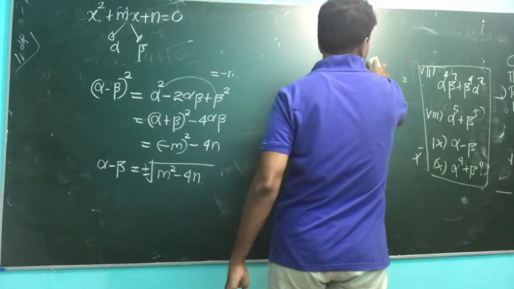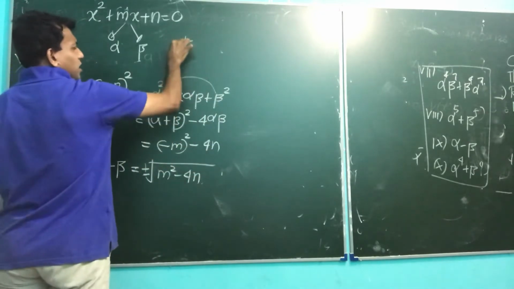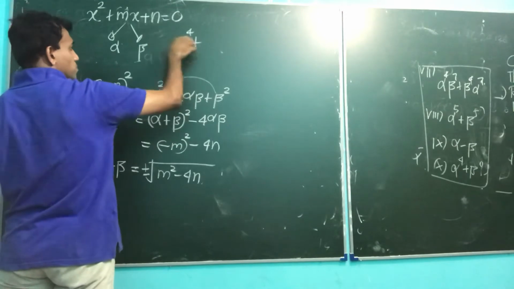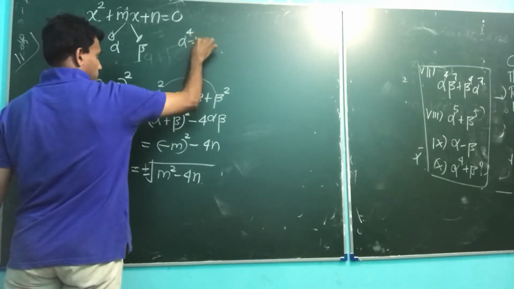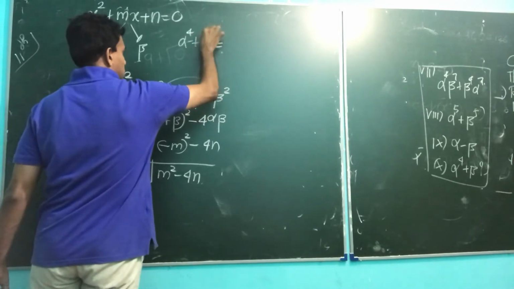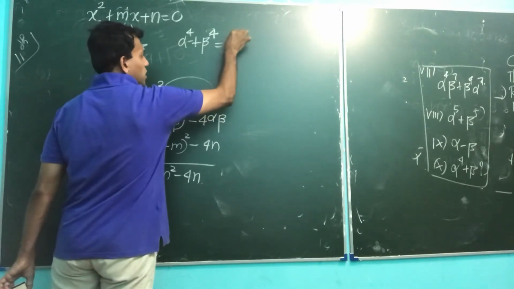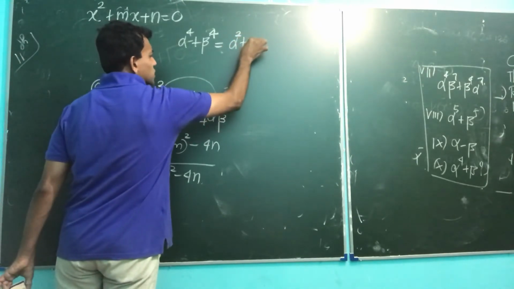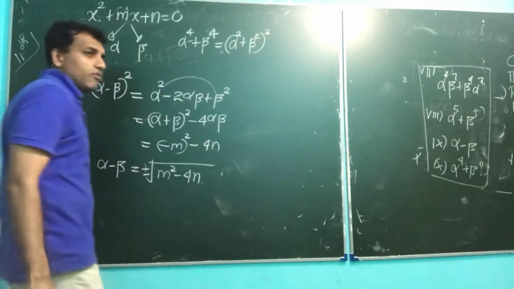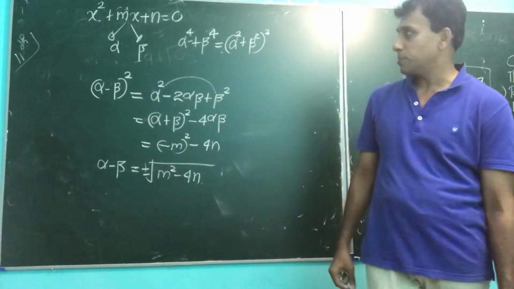So in this case we take it like alpha power 4 plus beta power 4, and you can say the answer is m square, no? Complete power 4, so the separate power, you can say that. So can I write this expression as alpha square plus beta square completely squared, right?